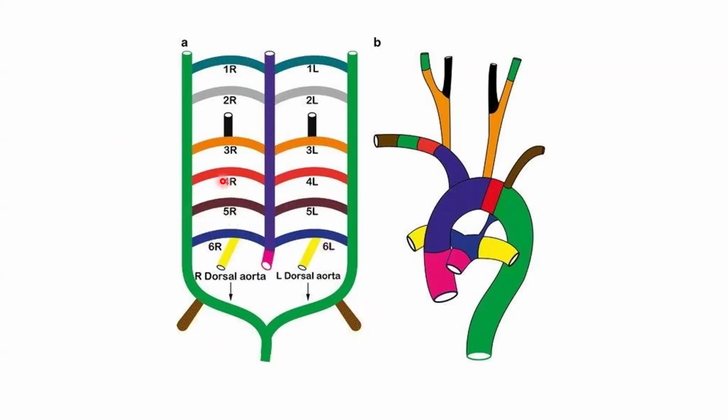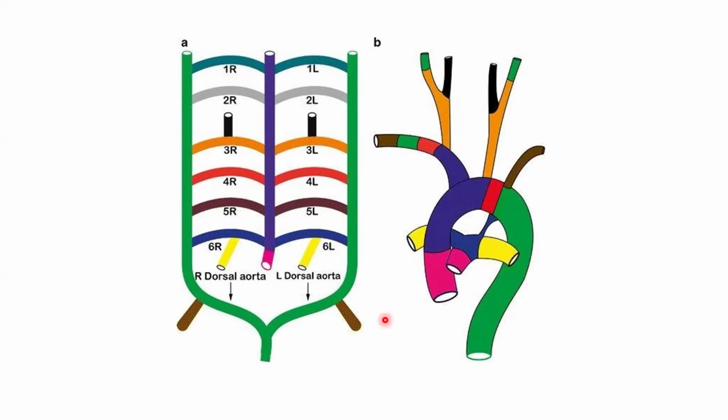A series of paired arteries, superior to the heart tube, but they are connected to the heart tube by the aortic sac, which is in this region here. And through various processes, they end up involuting or joining each other to form the head and neck vessels.